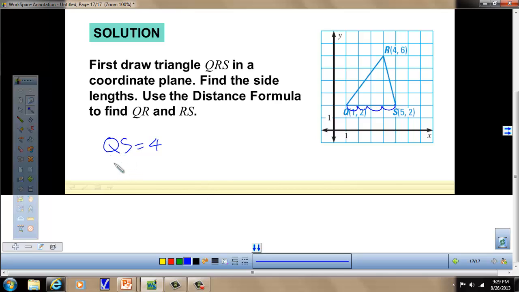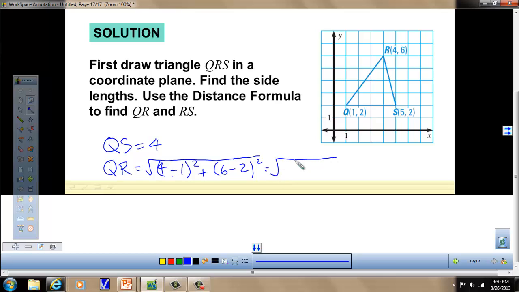So if we look at QR, I'm going to use the x-coordinates of 1 and 4. So I'm going to say the square root of 4 minus 1 squared plus, and then we have 6 and 2, so it would be 6 minus 2 squared.